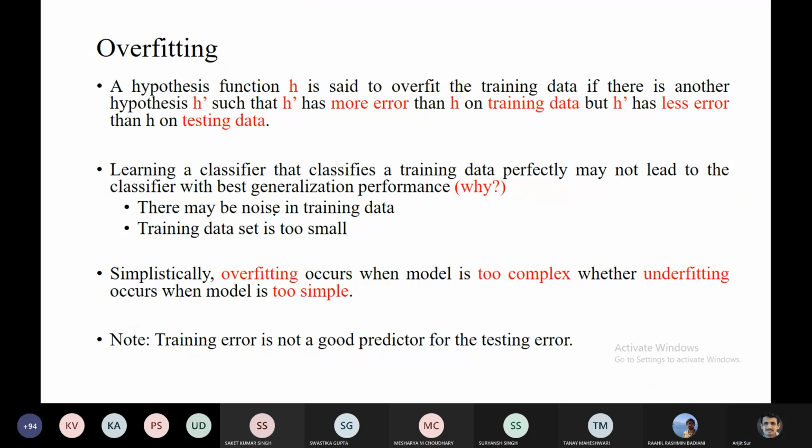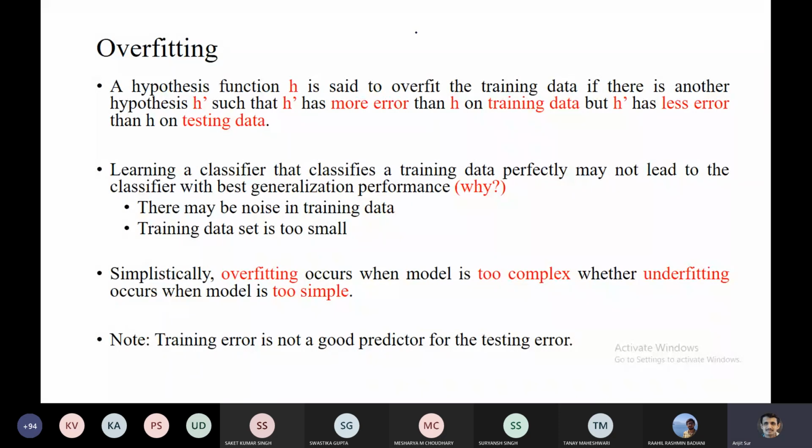Okay. But how are we going to define overfitting? A hypothesis function H is said to overfit the training data if there is another hypothesis H bar such that H bar has more error than H on training data, but H bar has less error than H on testing data.